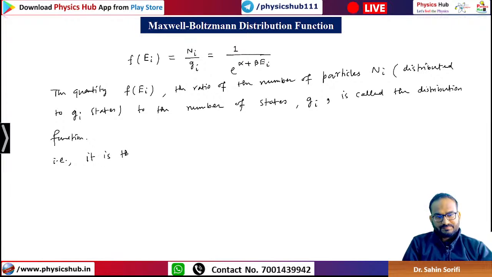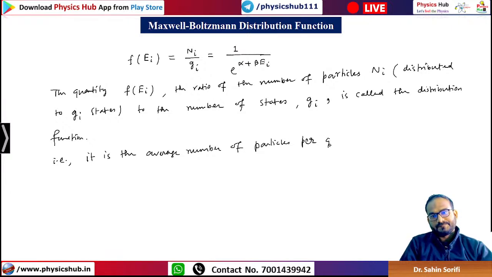It is the average number of particles per quantum state of the system.